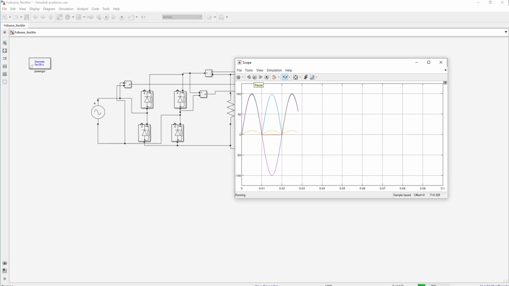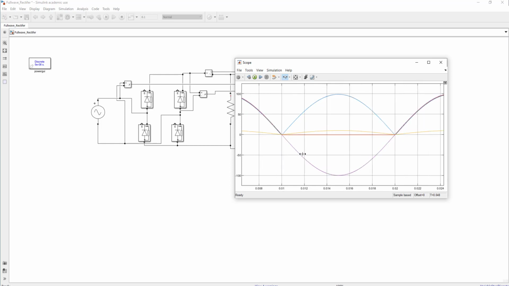Observe carefully how things are happening. Now let us stop. So this violet line that you are observing is the input voltage, and the violet as well as blue is the output voltage. This yellow is the output current. Now in this violet only you can observe one more line, that is the peak inverse voltage of the diode.